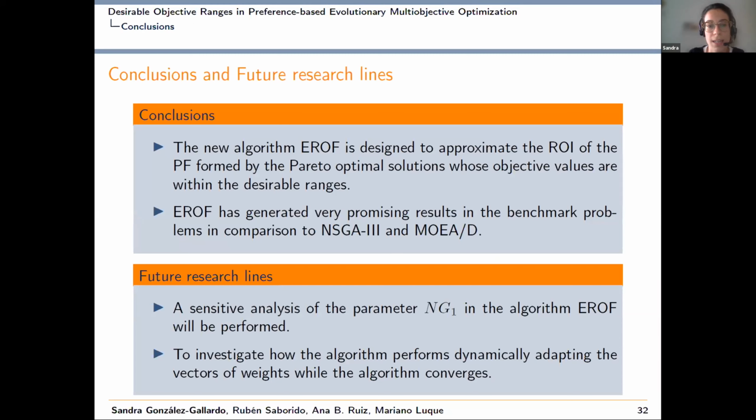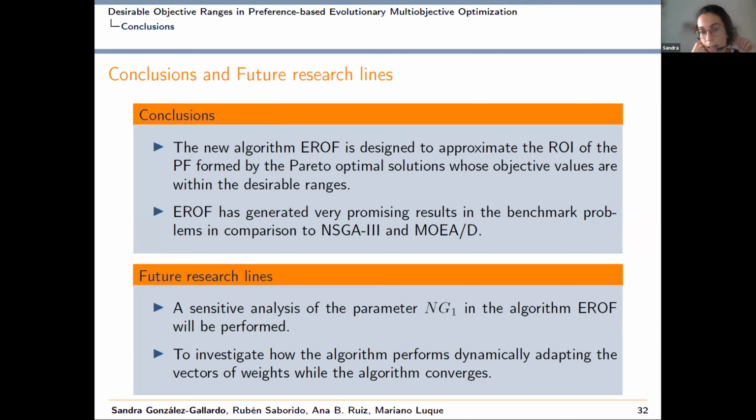whose objective values are within the desirable value ranges given by the decision maker, and basing on the result, E of has generated very promising result in contrast to some well-known algorithms like NSGA3 and NOAD.